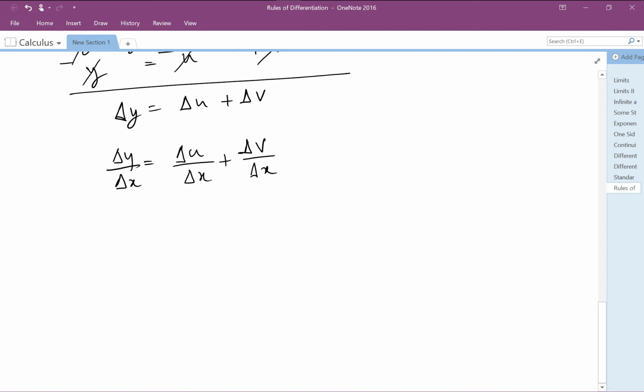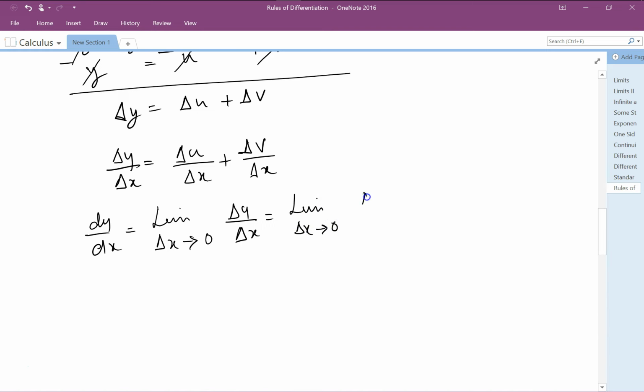Now dy by dx would be what? Would be the limit of this. So limit as delta x approaches 0 of delta y by delta x, which means limit as delta x approaches 0 of delta u by delta x plus limit as delta x approaches 0 of delta v by delta x.